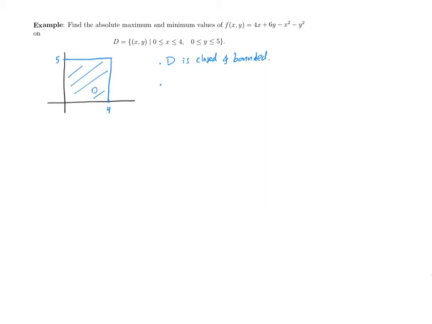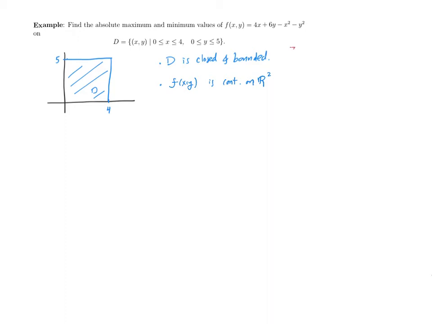Also, we can note that the function f is a polynomial in 2 variables, and as we discussed earlier, that means it is continuous. So f is continuous, we could say on D, but I'll go ahead and just say on R2 to make it an even more general statement.